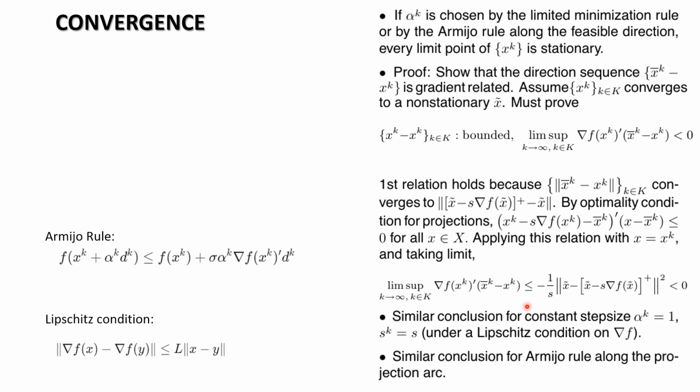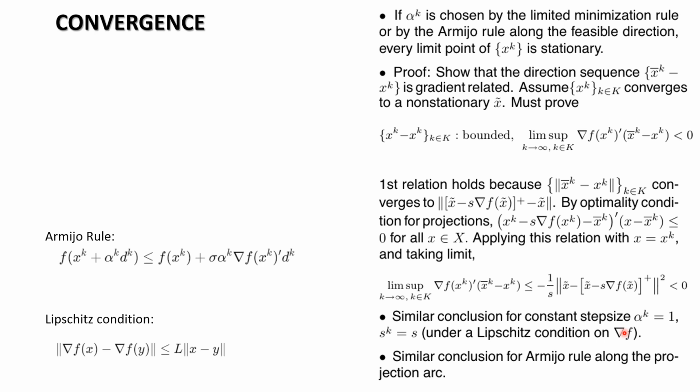We can see this is negative, and since x tilde is non-stationary, the projection step is not 0, so the squared norm is strictly positive, and we get a strict inequality. So the second condition is satisfied as well.